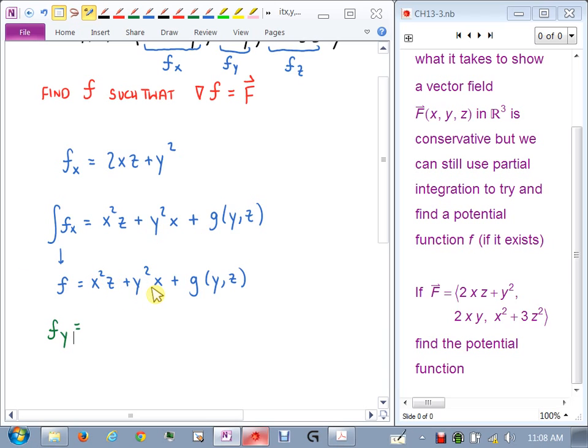Derivative of y squared x is 2yx or 2xy, same thing, right? And then what is the derivative of g with respect to y? It's the derivative of g with respect to y. So it's a partial derivative, right? This is a partial derivative of g with respect to y.